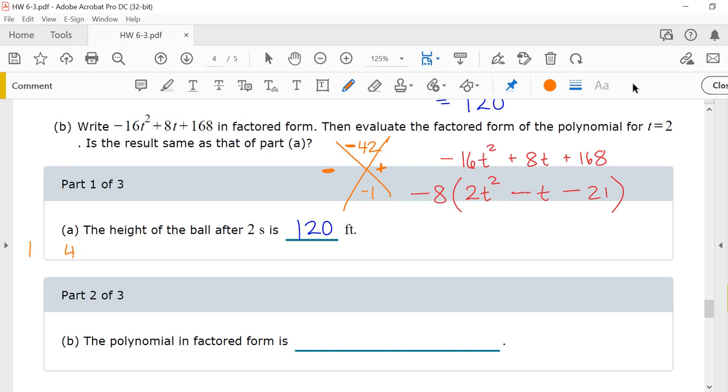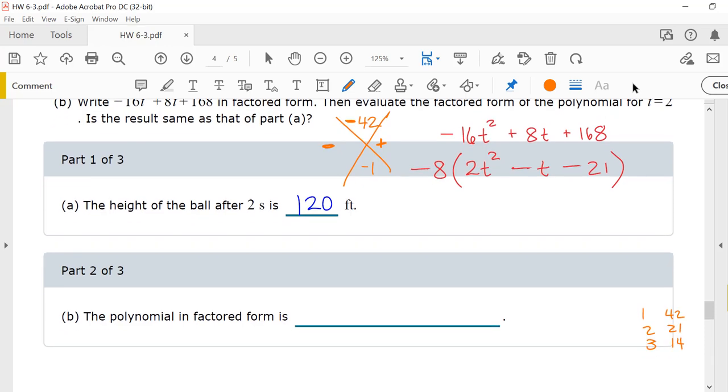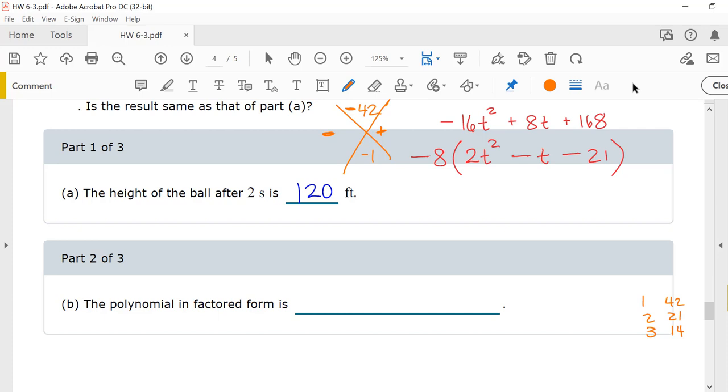Factors of 42, 1 and 42, 2 and 21, 3 and 14, 5 won't, 6 and 7, and that'll do it.